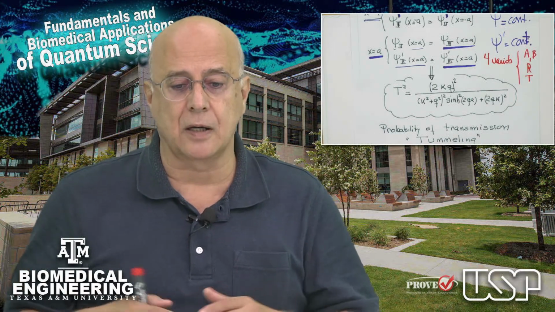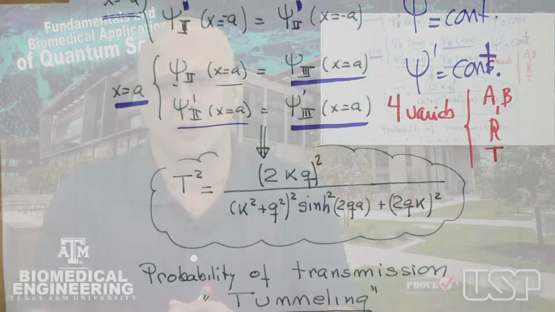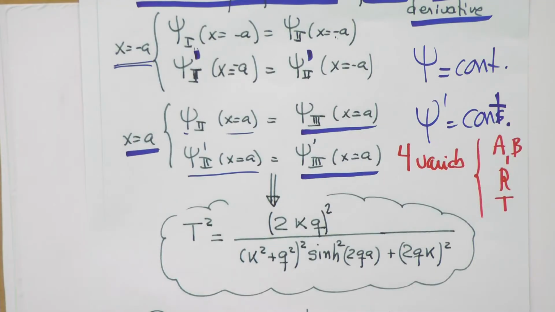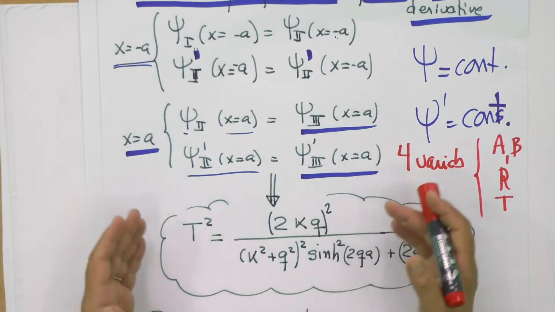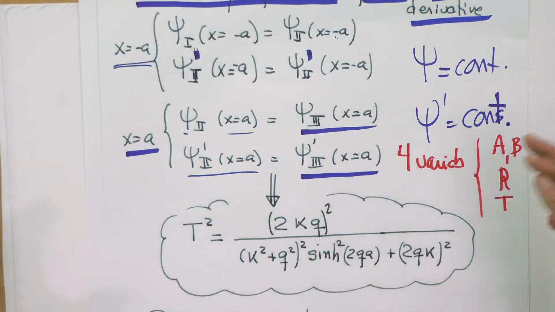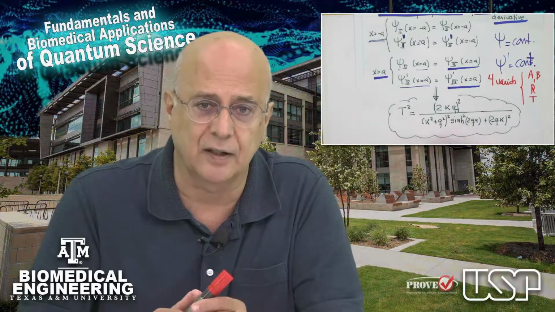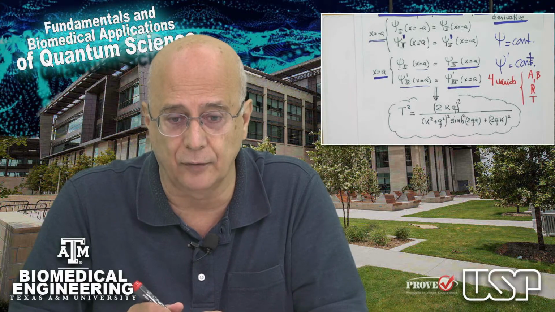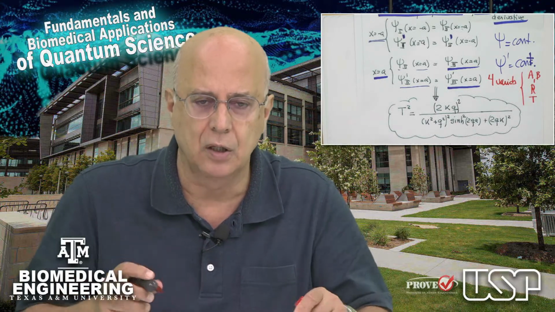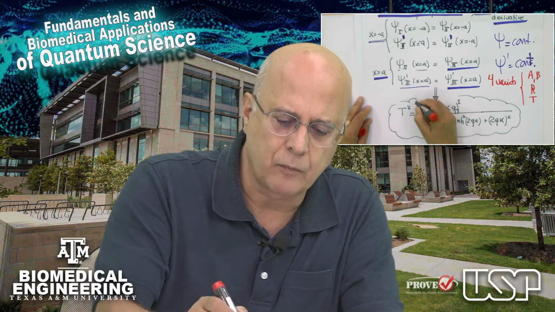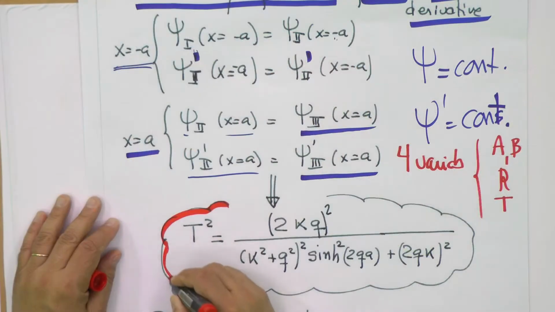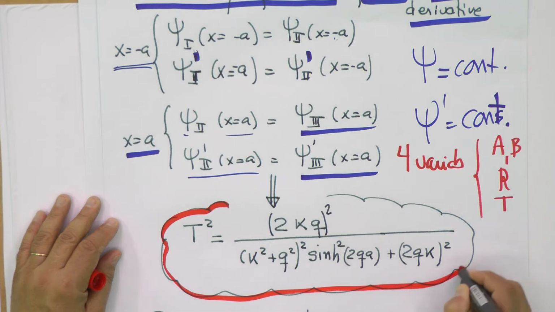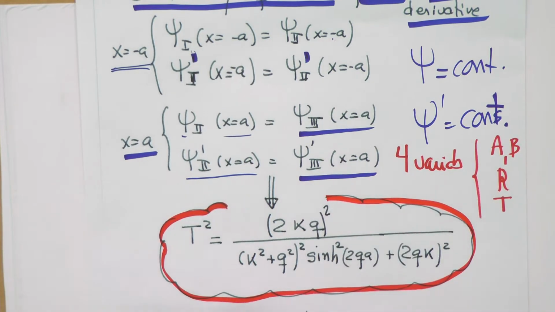It's very interesting because when we solve the set of equations, which I'm not going to do here for lack of time, but it's simple. I mean, you make the exponentials equal, make the derivatives equal. It's very simple. And what we get at the end of the day, when we do all the calculation, is an expression for the coefficient of transmission squared, or t squared, which is the transmission coefficient.